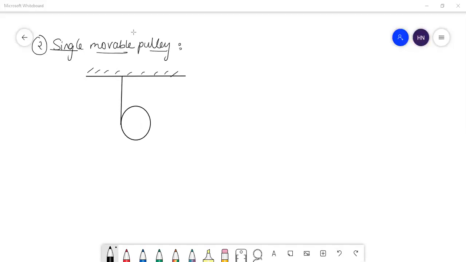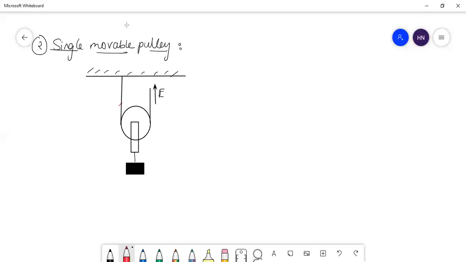It is passed over the pulley. Now this is the frame. On this frame, we are going to attach a block or the load. And the other end of the string is being pulled up. You are applying the effort in the upward direction to balance it. This is your effort E.